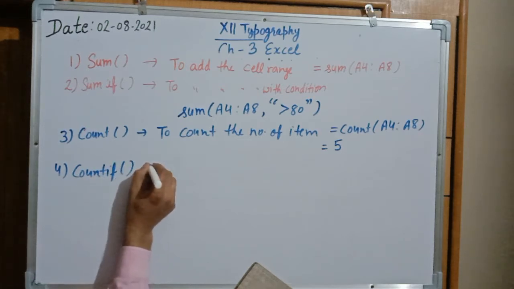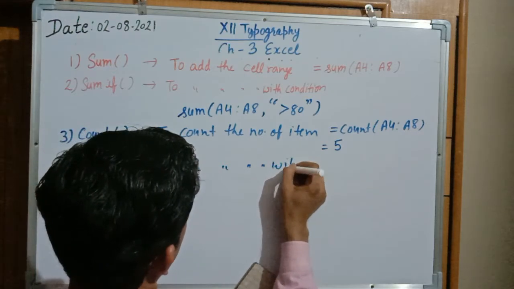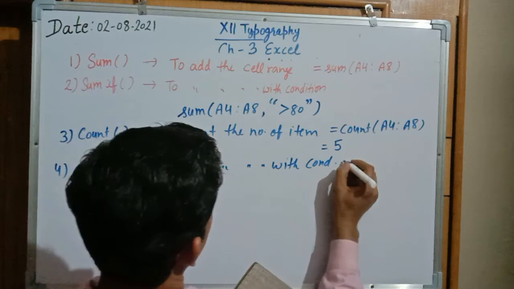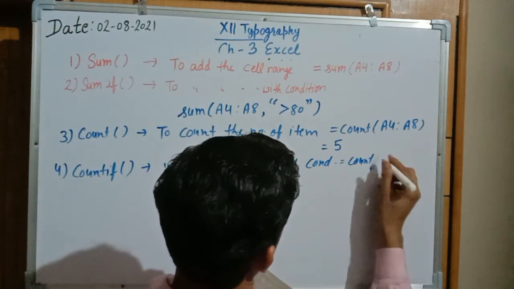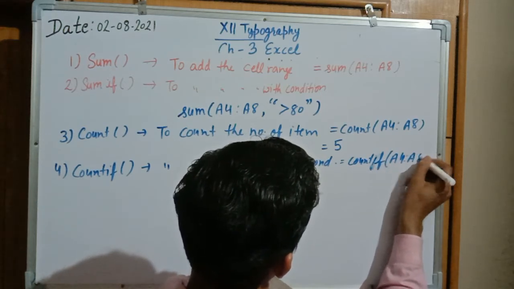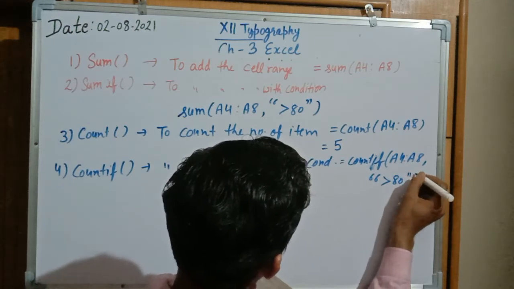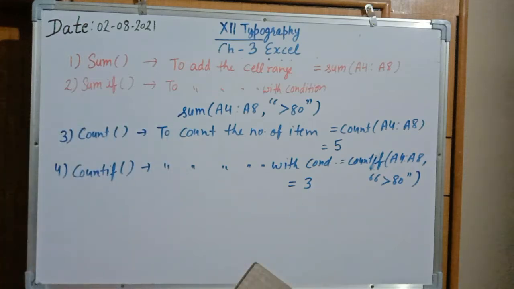Along with sum, it counts the number of items with a condition. I am writing here equal to countif A4 colon A8 comma greater than 80. Suppose 3 values are greater than 80, then the answer will be 3.